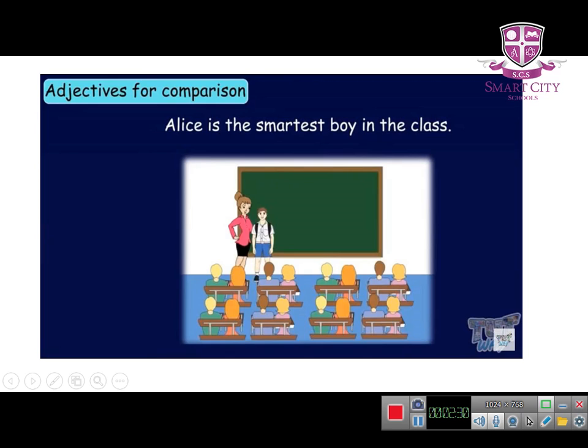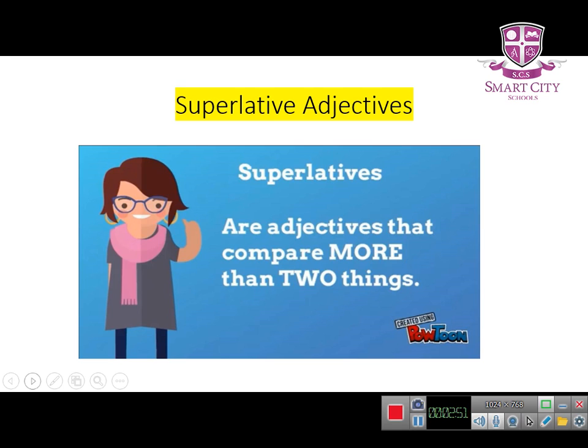How do I use smart to compare in this example? I used it to compare Alice to the whole number of students in the class. So it's comparison between one and many. So I used the superlative adjectives.